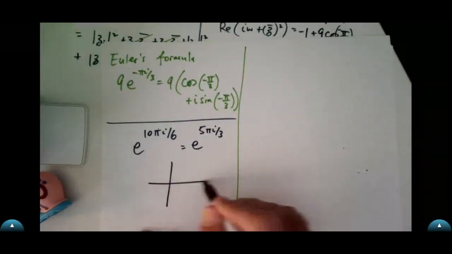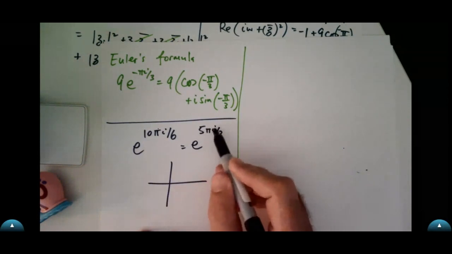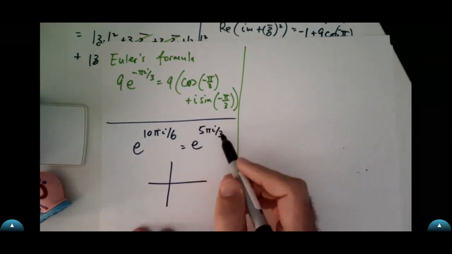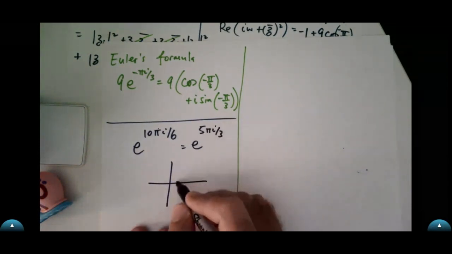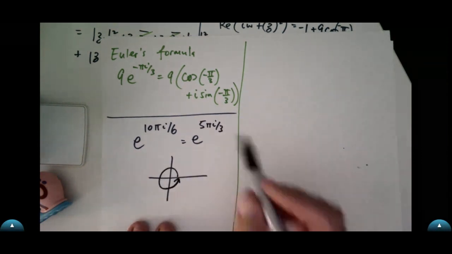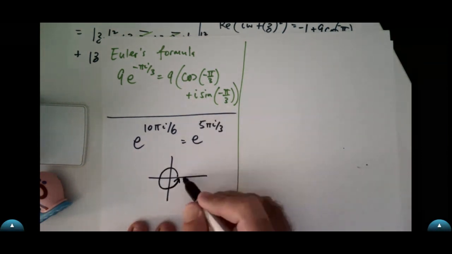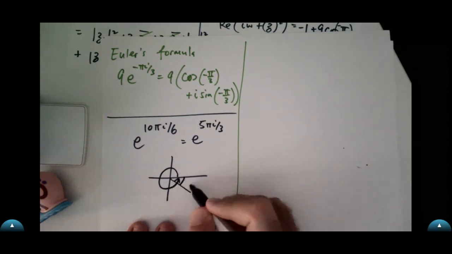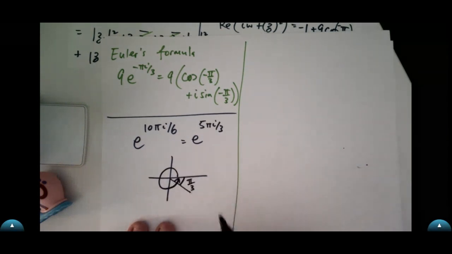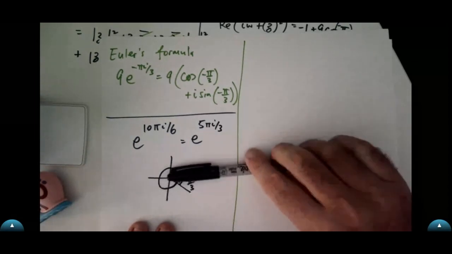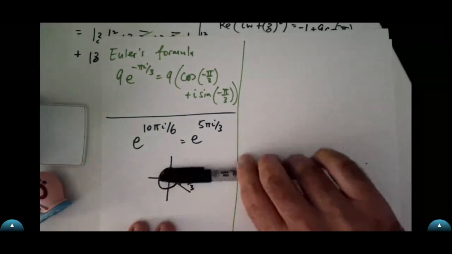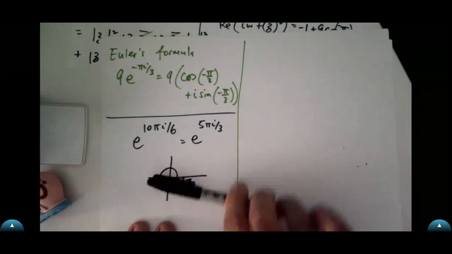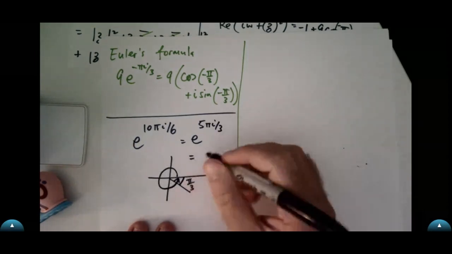Now this is almost 2 pi i on 3, so it's almost a full rotation. This bit is almost 2 pi, but you can come back pi on 3. Because you're rotating clockwise, you want the negative there.